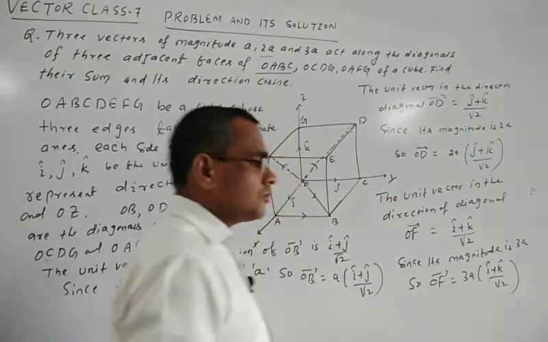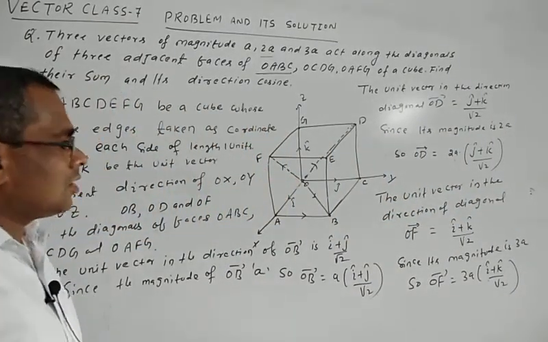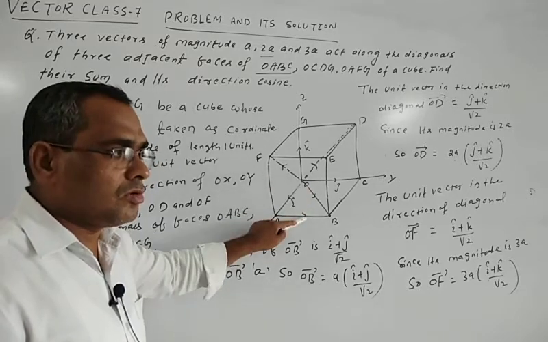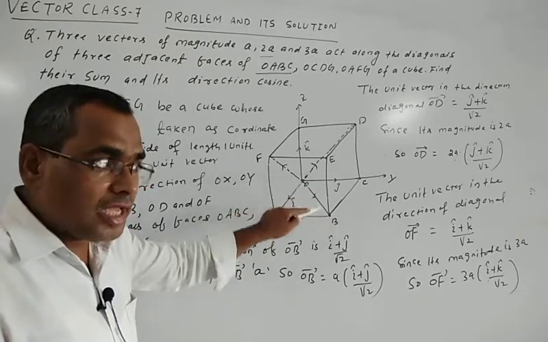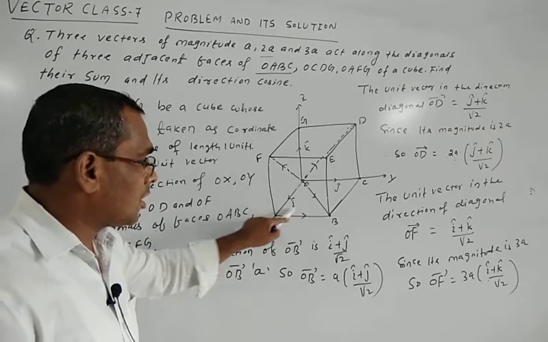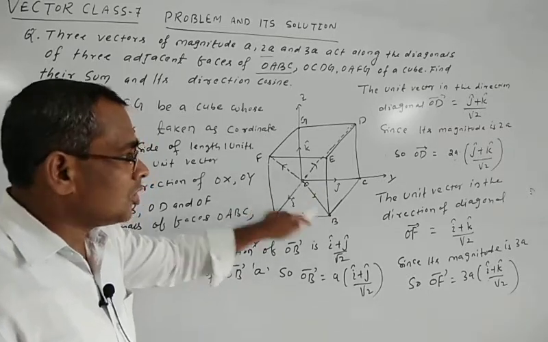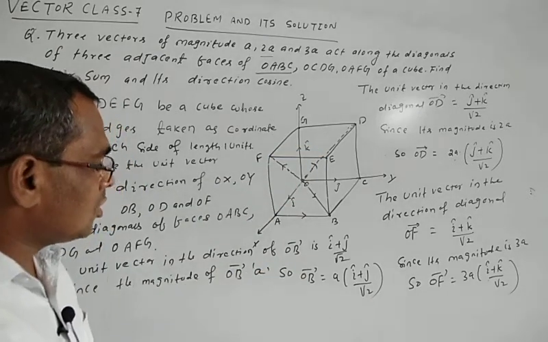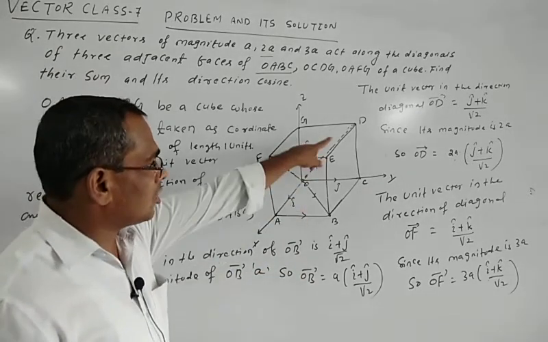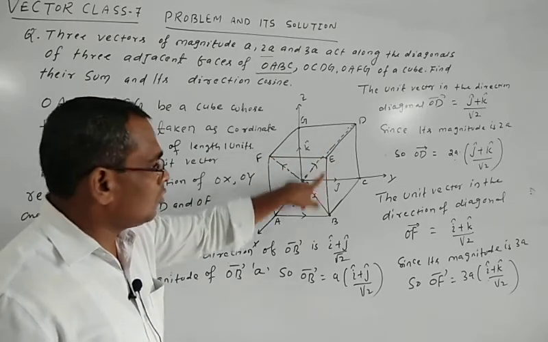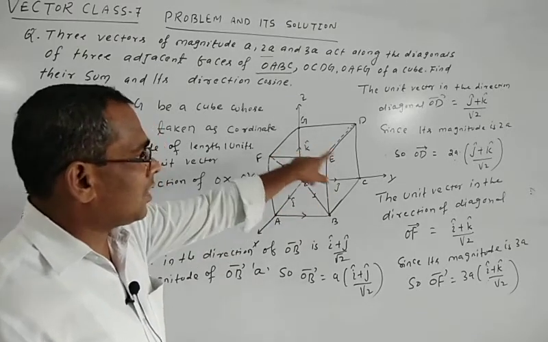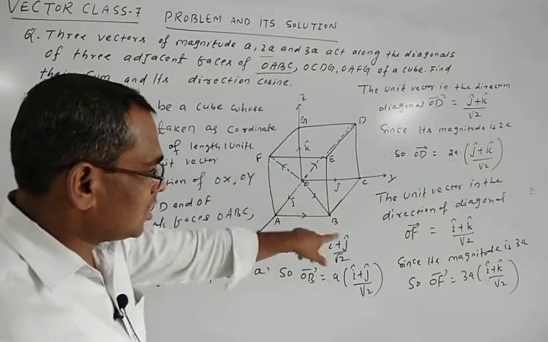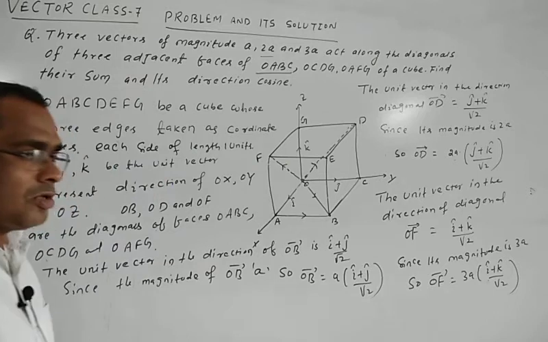So the unit vector in the direction of OB vector is (i cap plus j cap) by root 2, and since its magnitude is a, OB vector is a into (i cap plus j cap) by root 2. Like that, OD vector is equal to 2a into (j cap plus k cap) by root 2, and similarly OF vector is equal to 3a into (i cap plus k cap) by root 2.